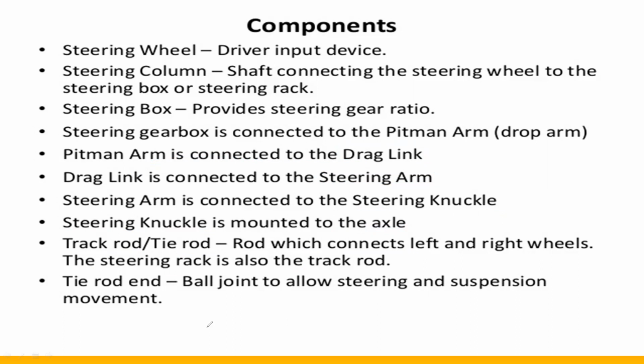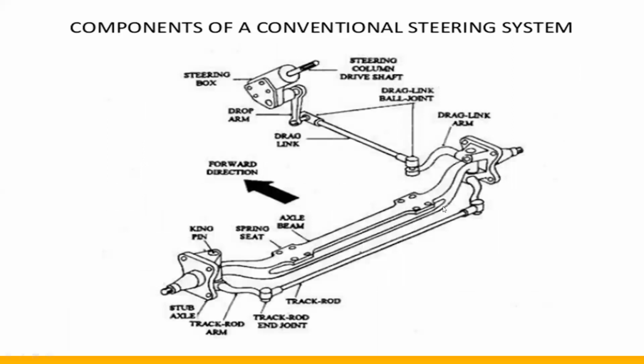These ball joints and rods are used to join the suspension system of the automobile vehicle. These are the main components, and you can observe what the main components are and what the arrangement of the steering system is.